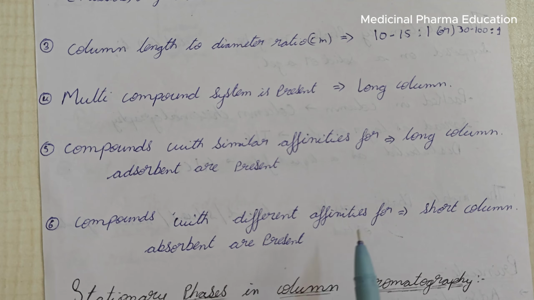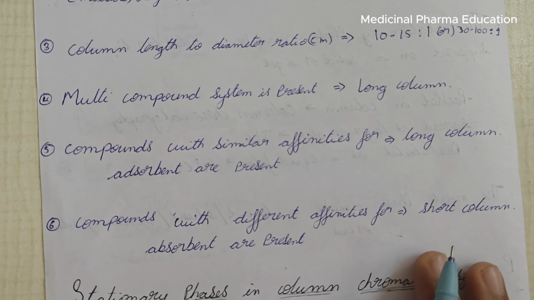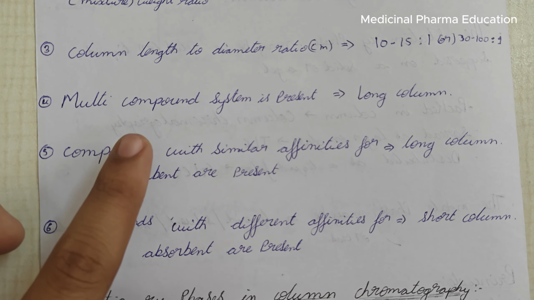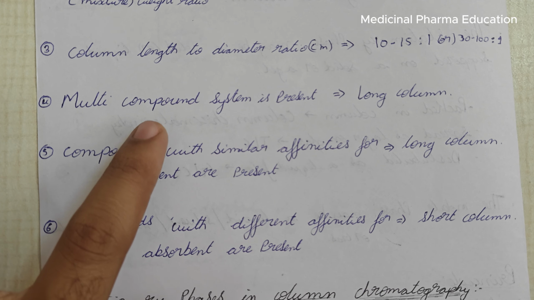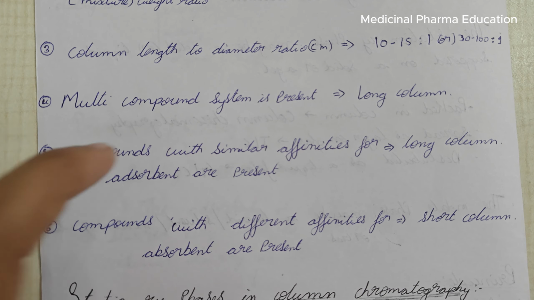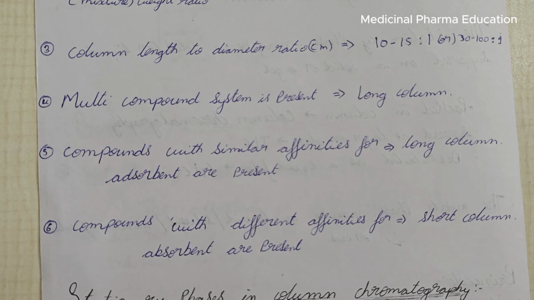If components with different affinities for the adsorbent are present, a short column. Here we are selecting the column based upon the components. If multiple components are there, then the column should be long. If we are dealing with 10 mixtures for separation, the column should be very long.